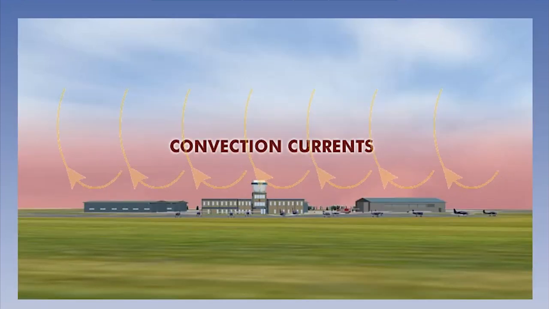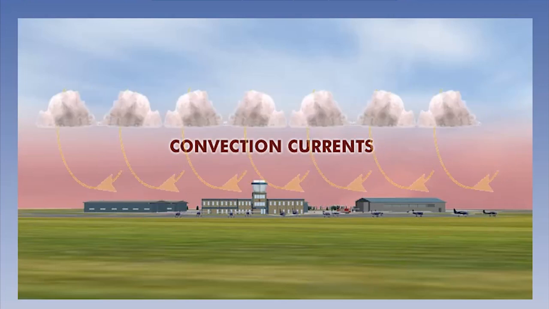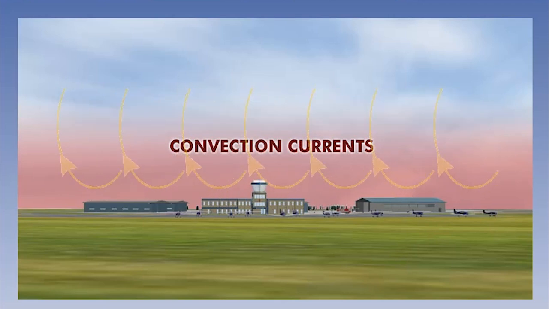The next process we are going to consider is convection. Convection is simply the way in which warmer, less dense air rises. Cooler, more dense air will tend to sink, replacing the rising pockets of warmer air. We see this effect on many days when cumulus cloud forms.